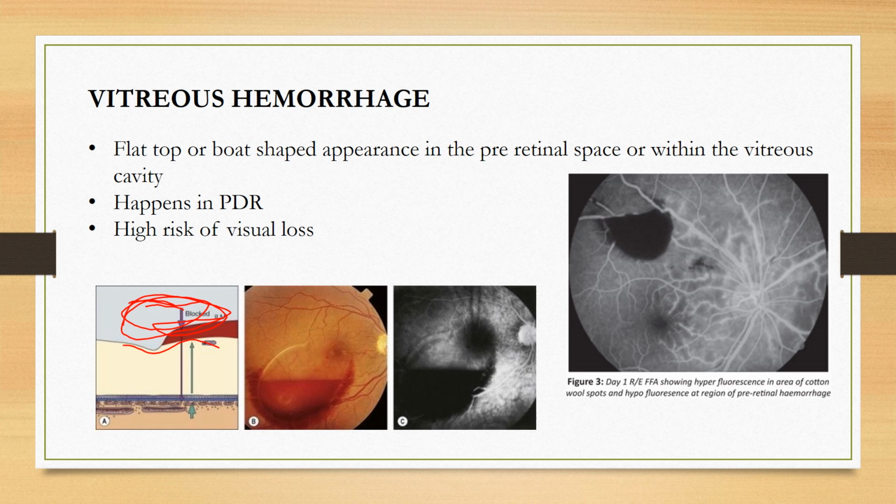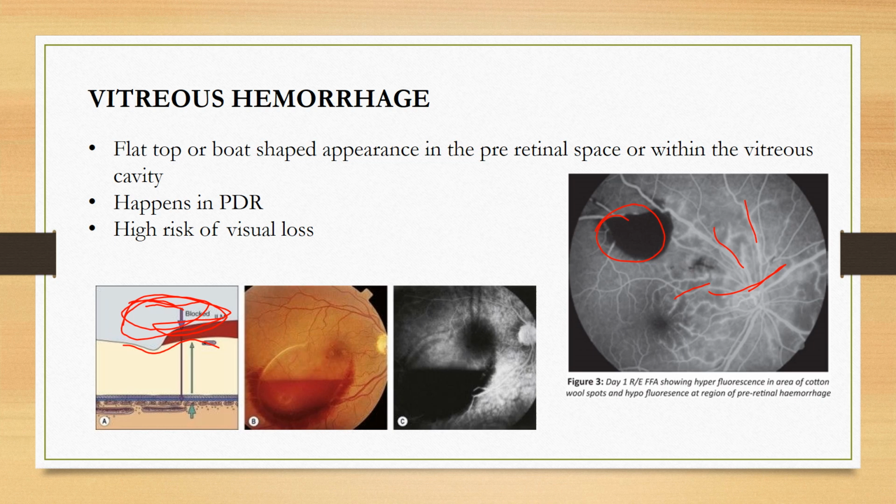So this blood will prevent us from further examining the retina. Okay, see there are too many IRMAs and venous abnormalities. These hyperreflectives are more of cotton wool spots.